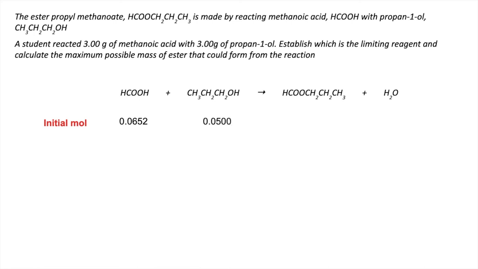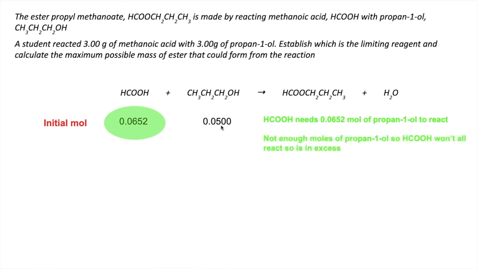Now we've done that, if we look at the methanoic acid, you can see we've got 0.0652 moles of that. Well, obviously from the mole ratio, you're going to need that many moles of propan-1-ol to react. So basically, there's not enough moles of propan-1-ol, so the methanoic acid won't all react. It's therefore in excess.